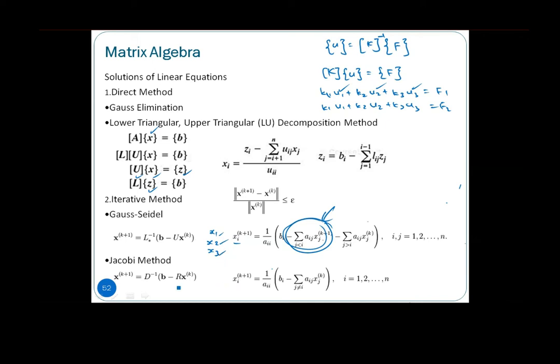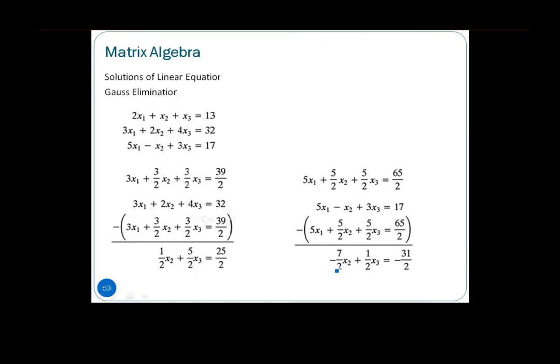Whereas for the Jacobi method, all will use the previous iteration's values of x to solve for the next iteration. That is the only difference. We'll look into more details.